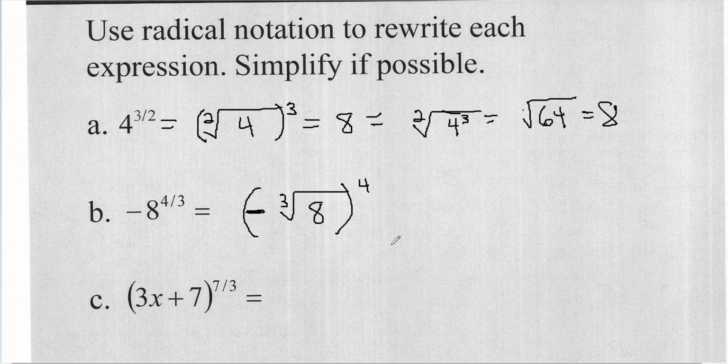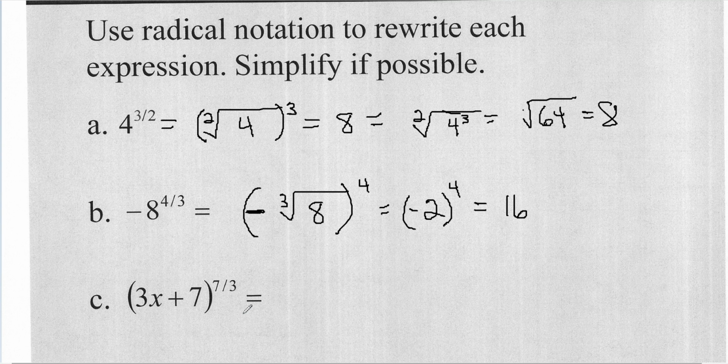Okay, and what have we got here? So this middle part here is going to be the cube root of 8 is 2. So I have negative 2 raised to the fourth power, which gives me 16. Okay, I go along with that.